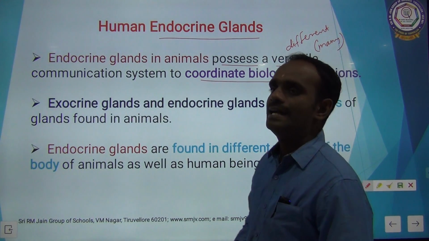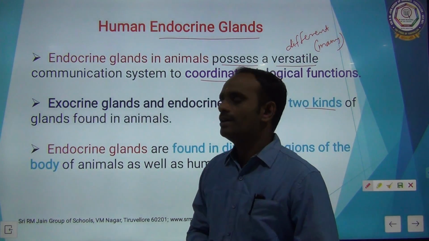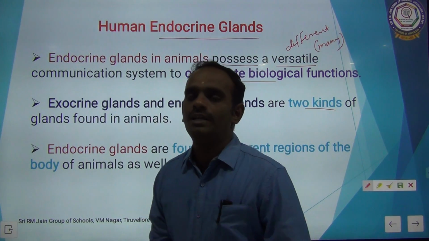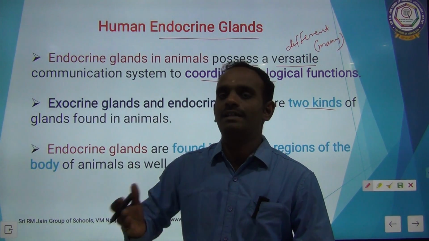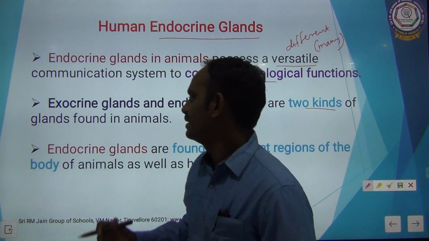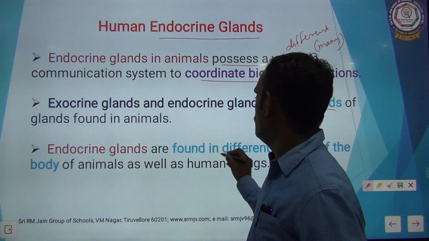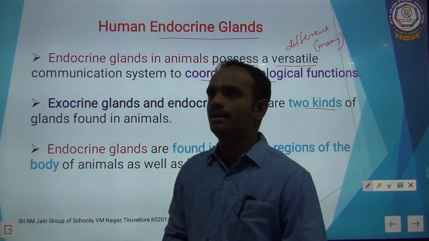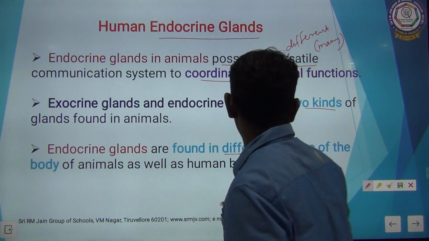Exocrine glands and endocrine glands are the 2 kinds of glands found in animals. So there are 2 different types of glands. One is exocrine, another one is endocrine glands. Endocrine glands are found in different regions of the body of animals as well as in human beings.